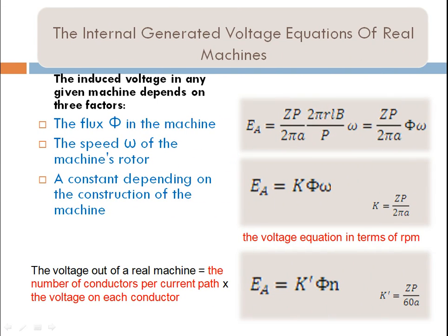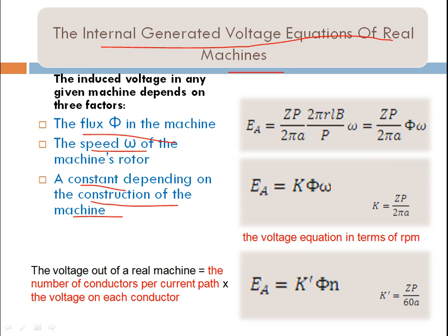Now, the internal generated voltage equation of real machines. The induced voltage in any given machine depends on three factors. Number one is flux. Number two is the speed of the machine's rotor, and the third is a constant depending on the construction of the machine, the constant, the speed omega and the flux.